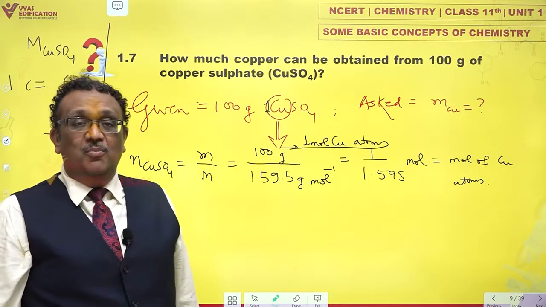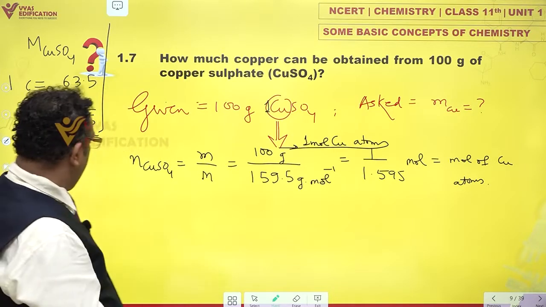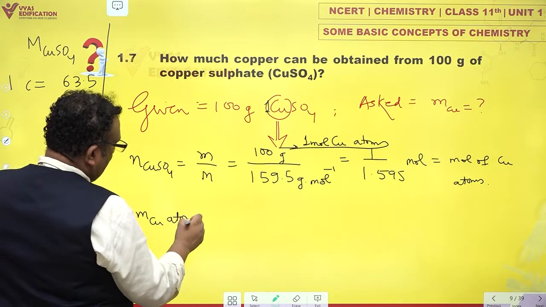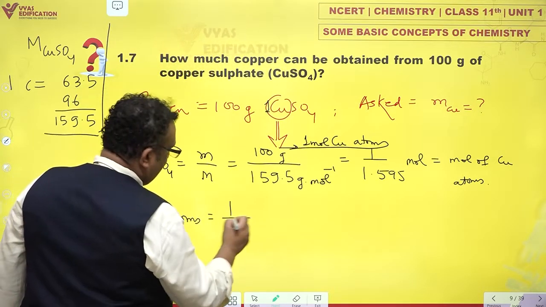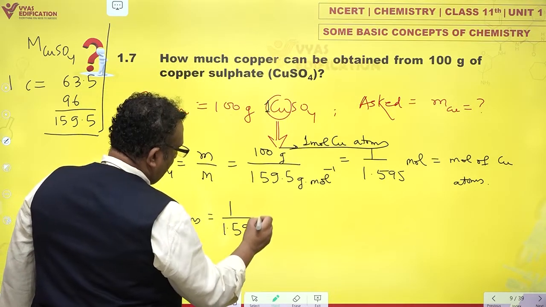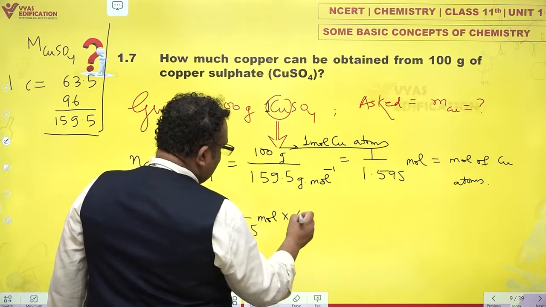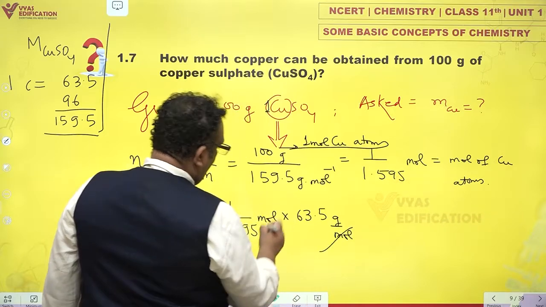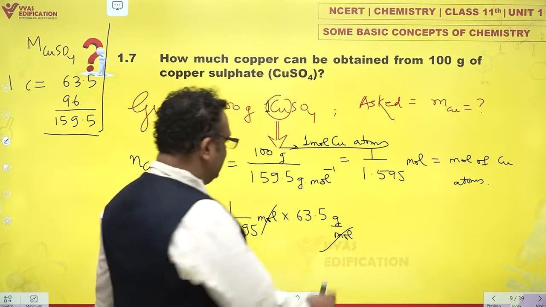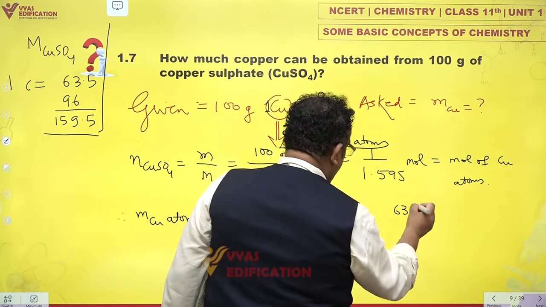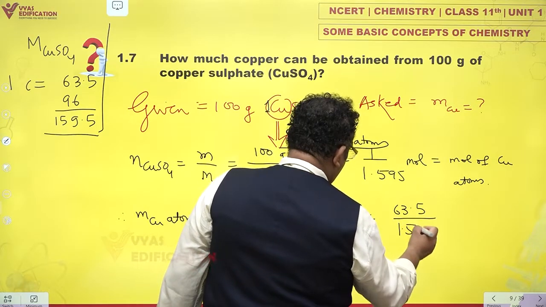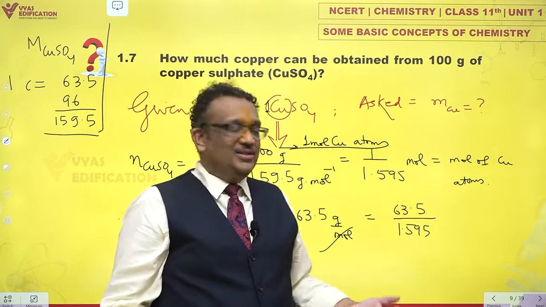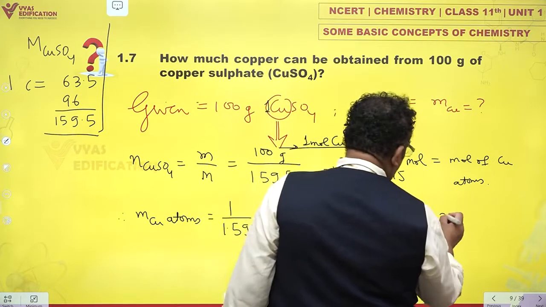So, the mass of copper atoms is moles into 63.5 grams per mole, which is 63.5 upon 1.595. Oh my God, that is one ugly stuff. But this is a calculation I need to do.